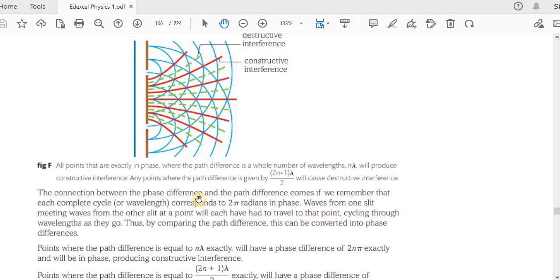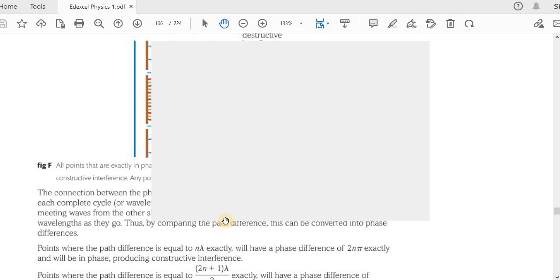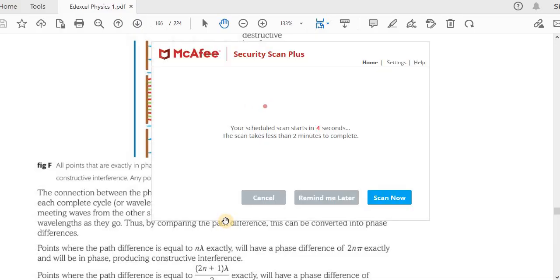Now see, phase difference is in terms of angle and path difference is in terms of wavelength. I think in the previous lessons we saw that one whole wavelength can correspond to 360 degrees or 2 pi radians, and we also saw the unit conversion from degrees to radians and radians to degrees.